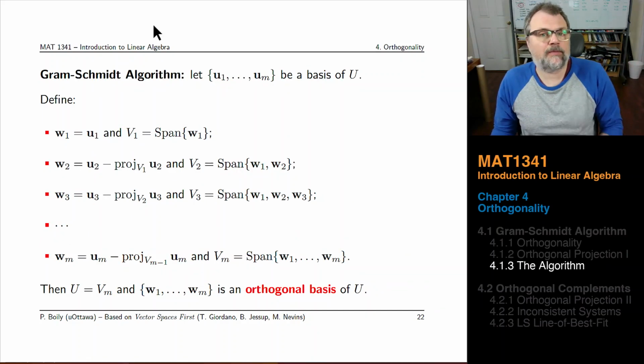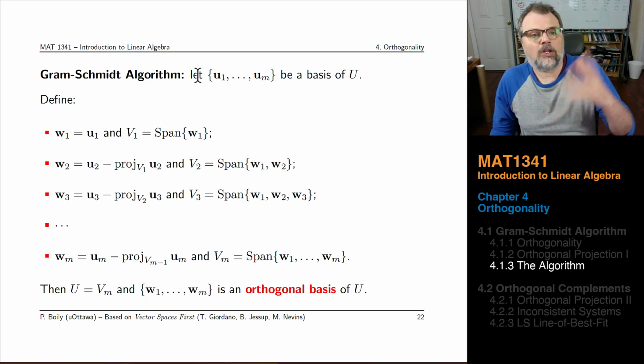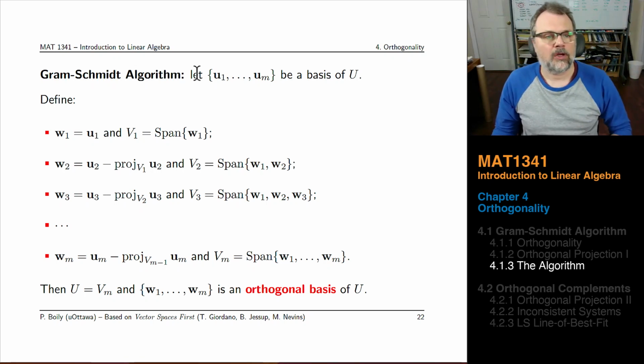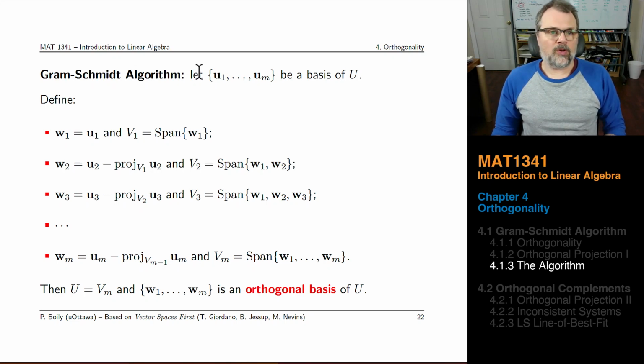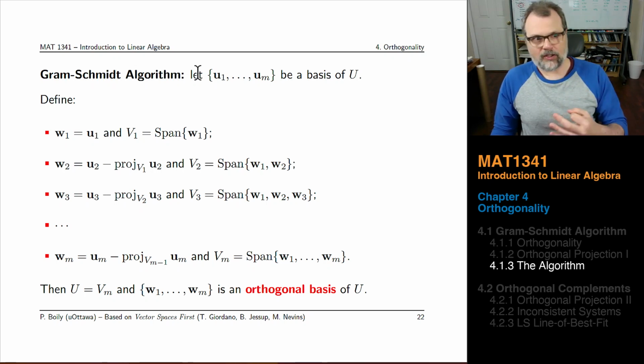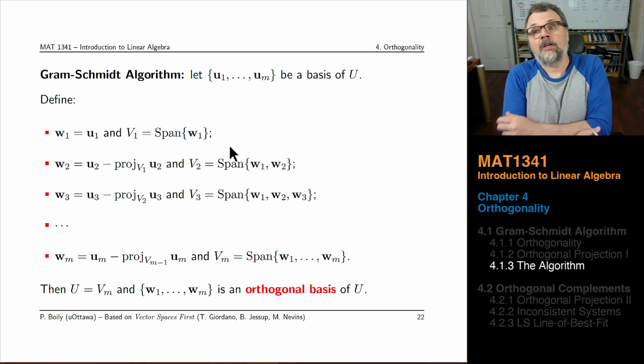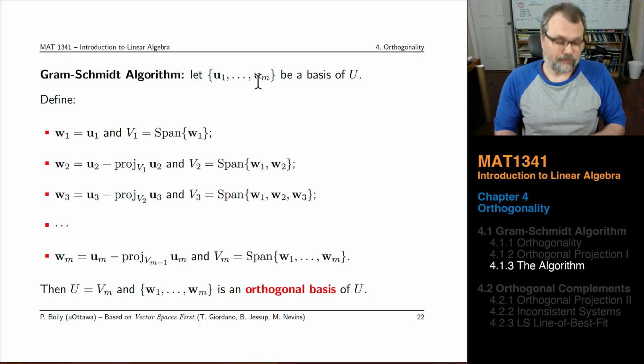It's a basis of some subspace. We'll call it u. In your slide I called it W, but here it's going to be called u. So we need m vectors in order to have a basis for u, because u is an m-dimensional space. And we want them all to be orthogonal, pairwise.